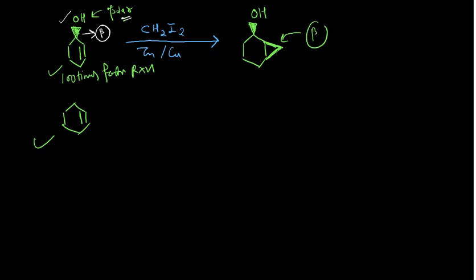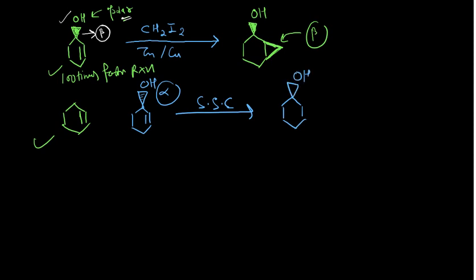But if you change this system, say if you draw it in that manner and put this OH at the alpha position, and you do the Simmons-Smith cyclopropanation, this is my way of writing SSC. You will end up with this kind of stereochemistry.